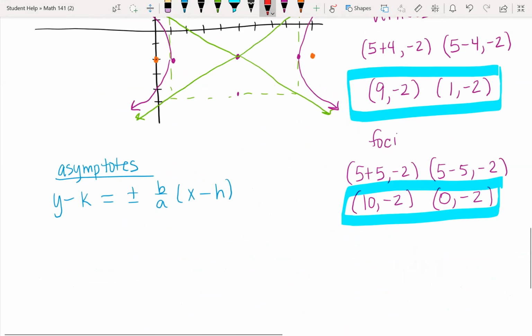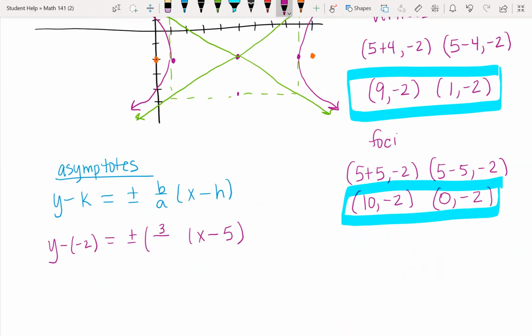So we'll have y minus a negative 2 and x minus 5. B was 3 and A was 4.